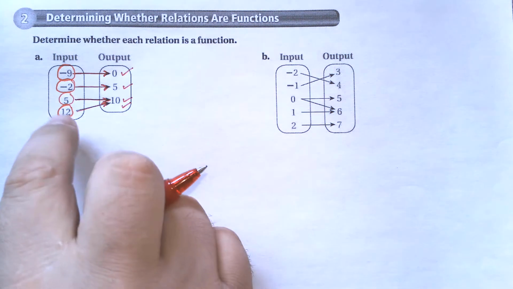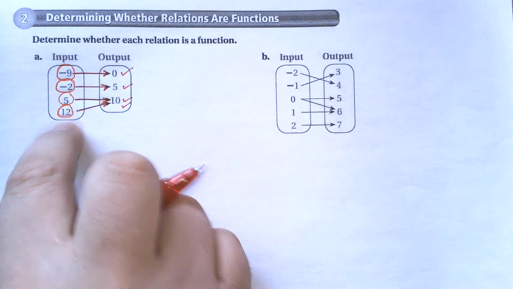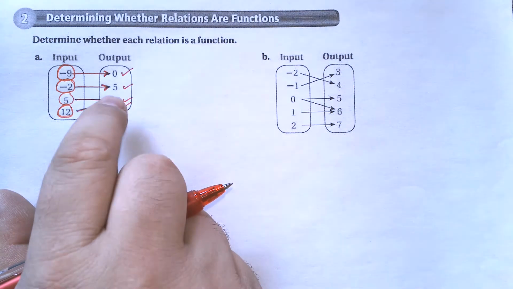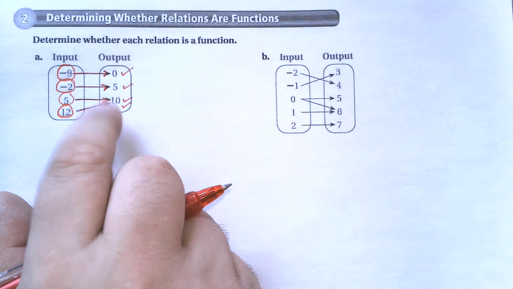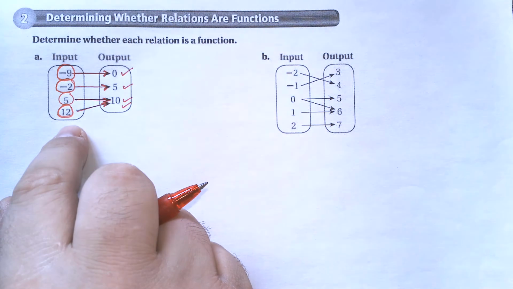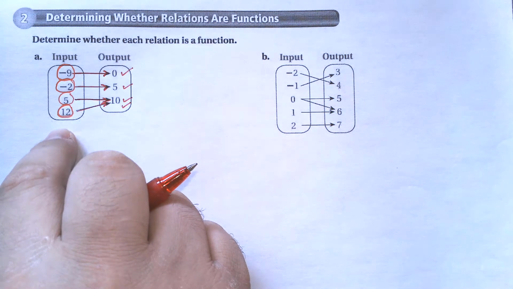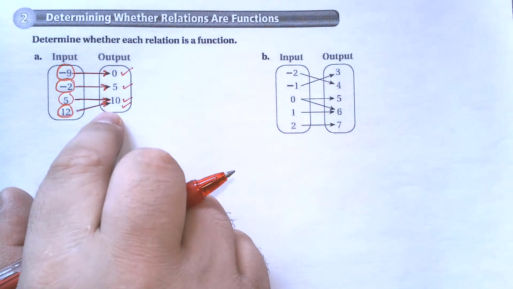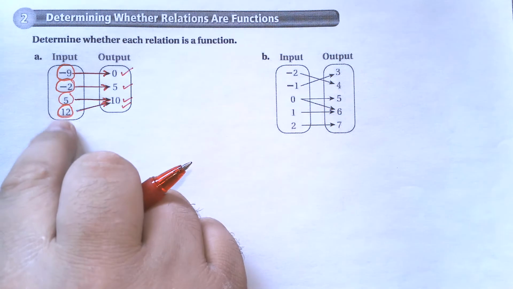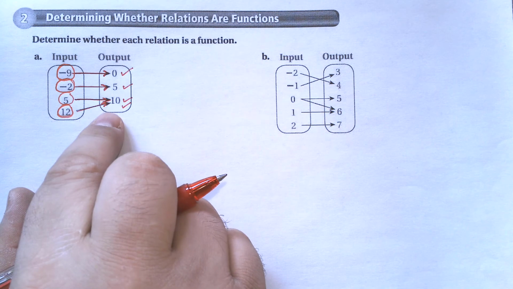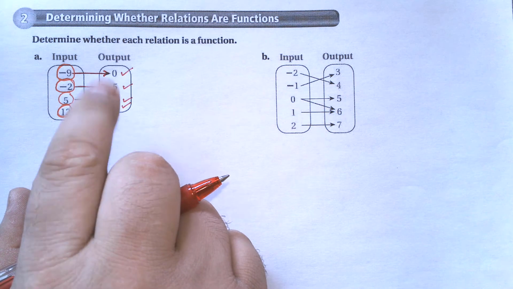So what we have here is every input has only one output. Now, if we reverse this, then we have an output who has more than one input. That is okay. What we need is for every input, we can have only one output. Think of it again, for everything we do, that's input, we can only expect one outcome.